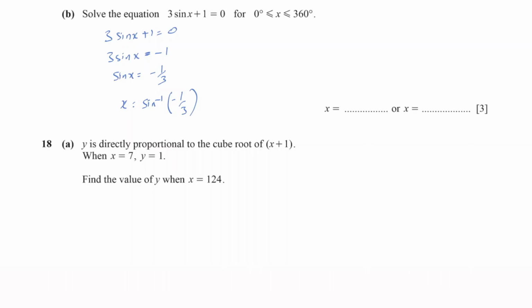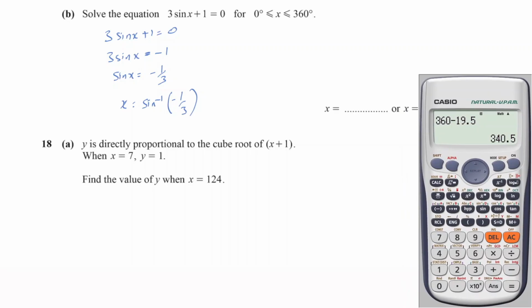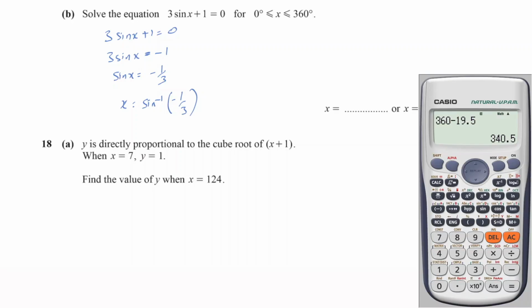Let us use our calculator. Sine inverse of minus 1 by 3 gives me the answer minus 19.47.